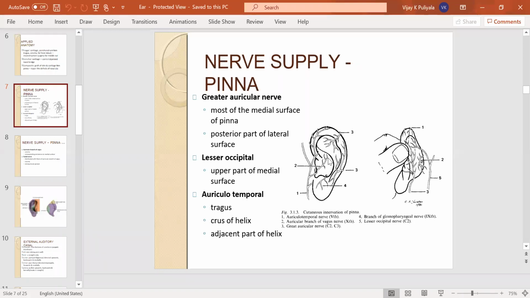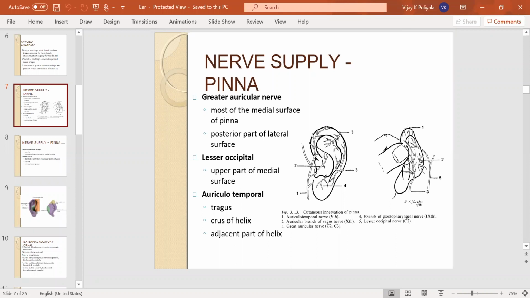This is the lateral surface, this is the cranial surface. I'm telling about the arterial supply, not the nerve supply. I'm showing this diagram. The posterior auricular branch of the external carotid artery supplies the cranial surface.